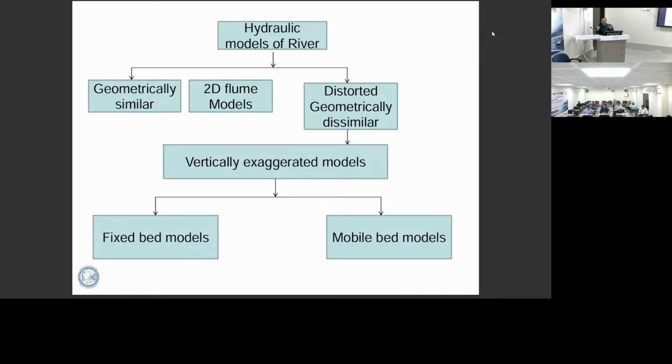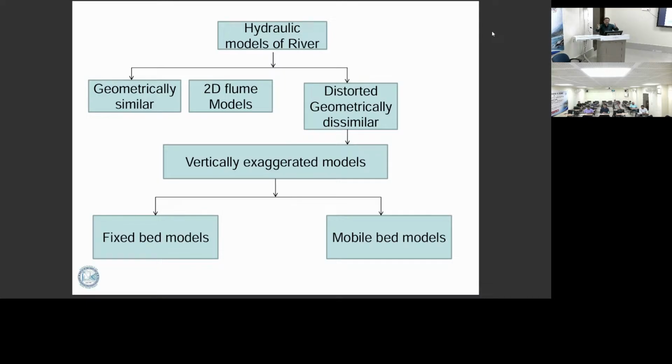And what is a 2D model? Suppose you want to study a single barrage bay or a single pier of a bridge, you need not require a big, large model. You require a small flume. You might have seen in our college days that flume studies are 1.5 meter to 1 meter wide, like that.